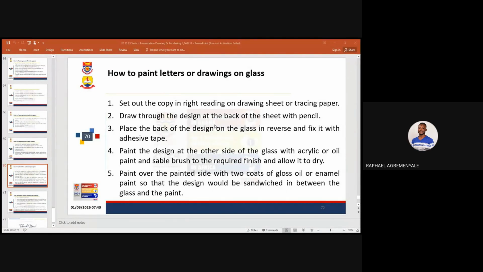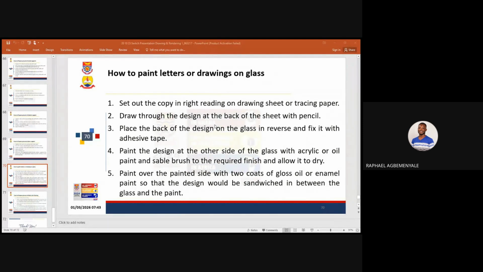So does it mean that you are tracing the image on the glass? Does it mean that we are transferring the image on the glass in reverse? The first one, set out the copy in the right reading order, is like you are drawing the image how you want it to look.